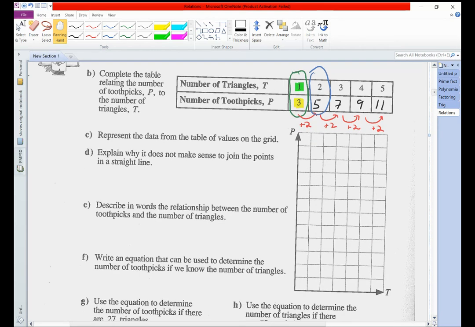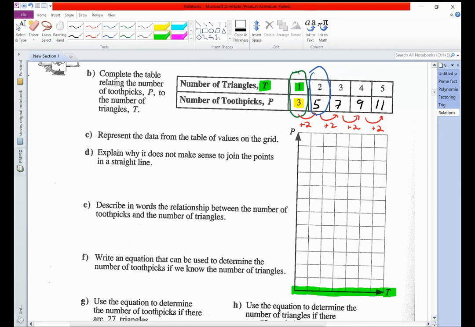You can see I have my t-axis right here, and my p-axis is the vertical one. And we can just say that each square is 1. And we start at 0.